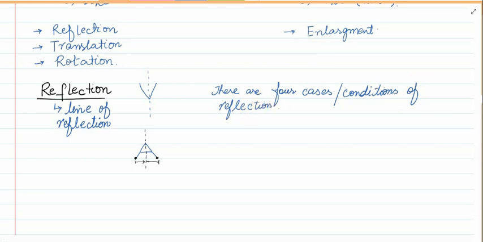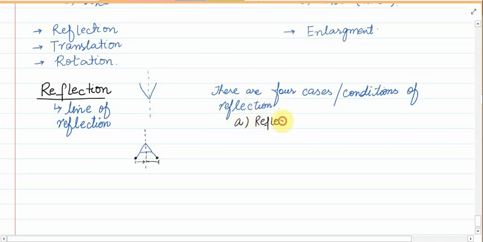Now what are these 4 cases? The first one, reflection across x-axis. First one. Second, reflection across y-axis.